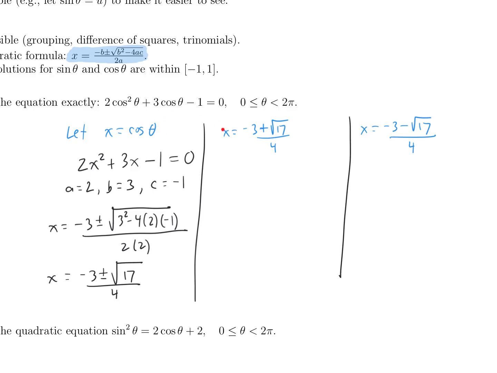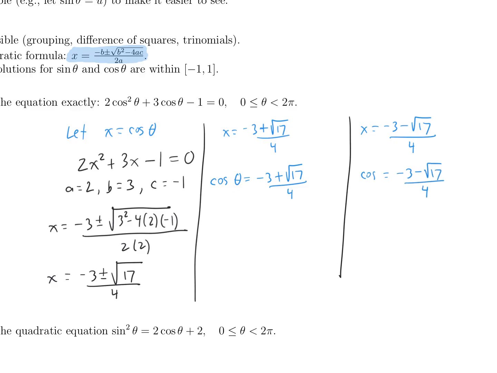So x becomes cosine. We're just replacing the original substitution back to what we chose it to be, which in this case we chose x to be cosine theta. Same thing on this side, except this is a minus.